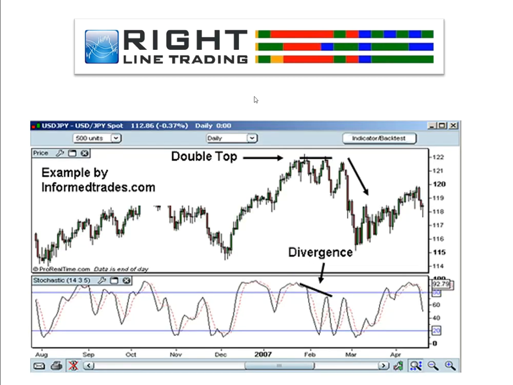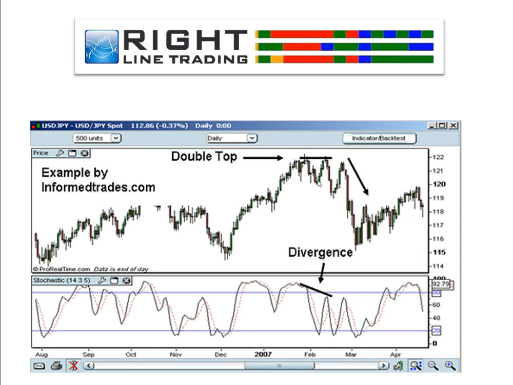Now, back in the day when George Lane was trading, I believe that divergence probably was a really good signal. And what it's telling us is really this. When price moves from here up to here, it accelerates up to this point with this much momentum. Then it falls. And when it accelerates up to this price point, it accelerates with less momentum.